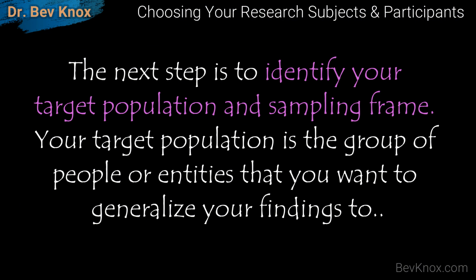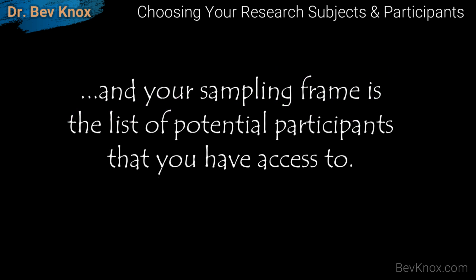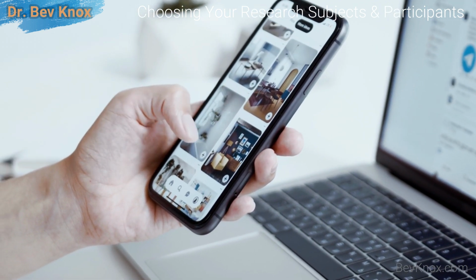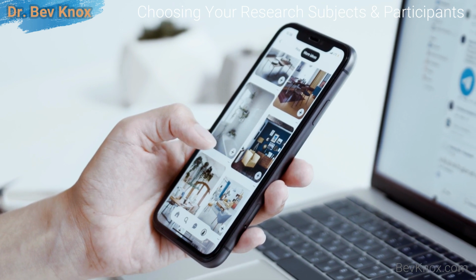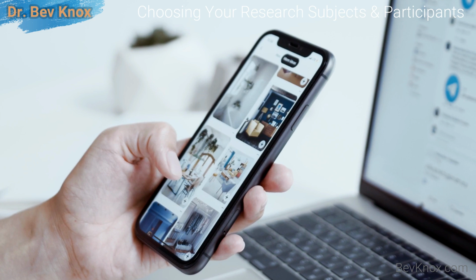Now, the next step is to identify your target population and sampling frame. Your target population is the group of people or entities that you want to generalize your findings to. And your sampling frame is the list of potential participants that you have access to. For example, if you want to study the attitudes and behaviors of online shoppers, your target population might be all online shoppers in a certain country or region.